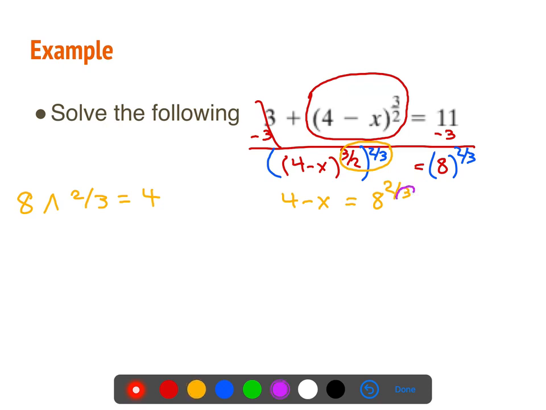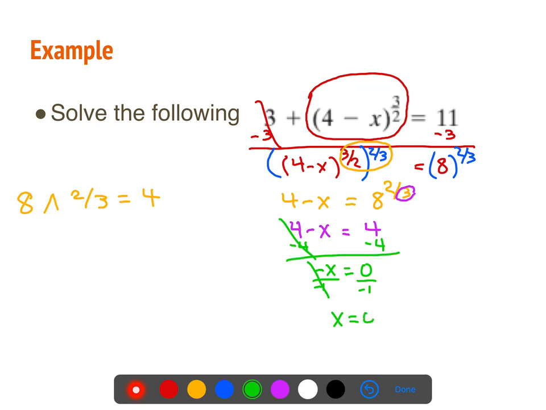And then you go to your calculator, 8 to the 2/3, and it should tell you that that is 4. Cube root of 8 is 2, 2 squared is 4. And since that 3 down there on the bottom is an odd number, I don't have to worry about any plus or minuses. So I've got 4 minus x equals 4.